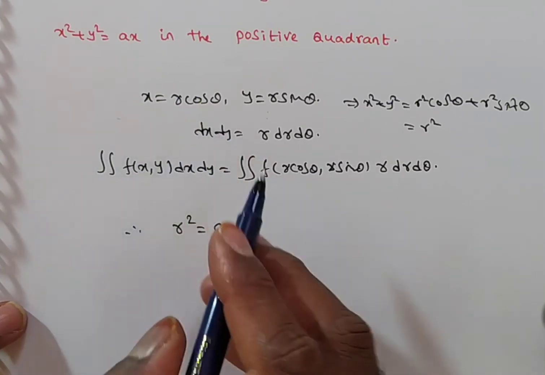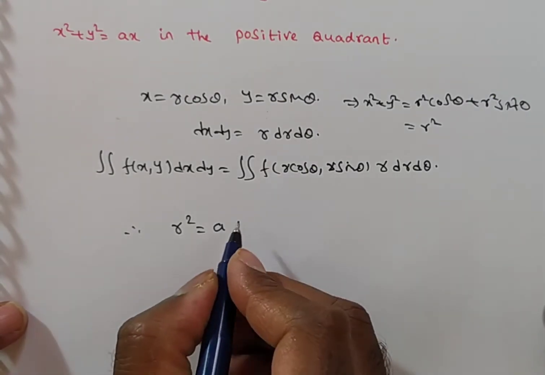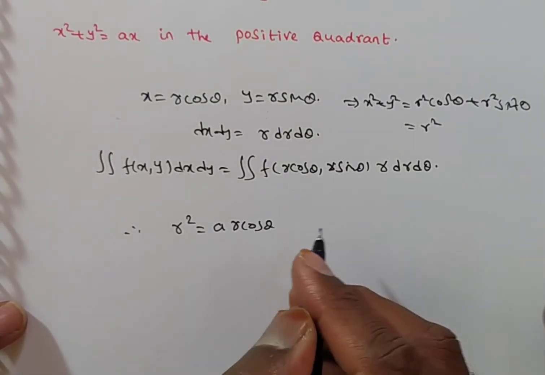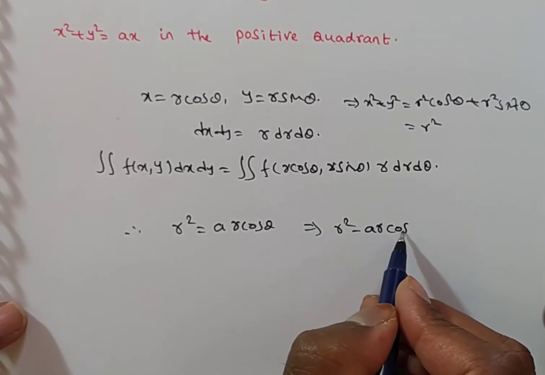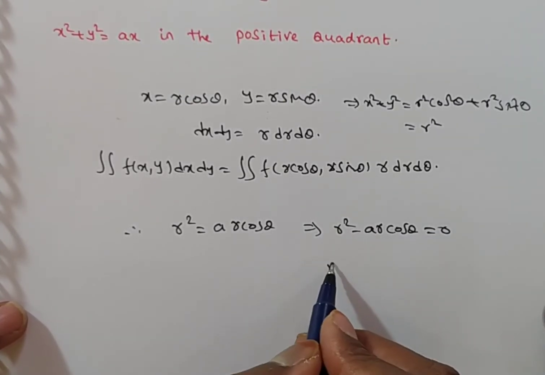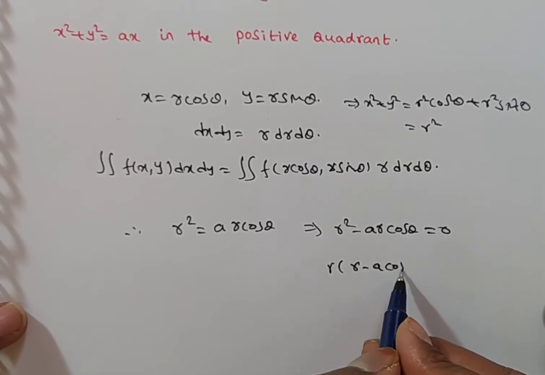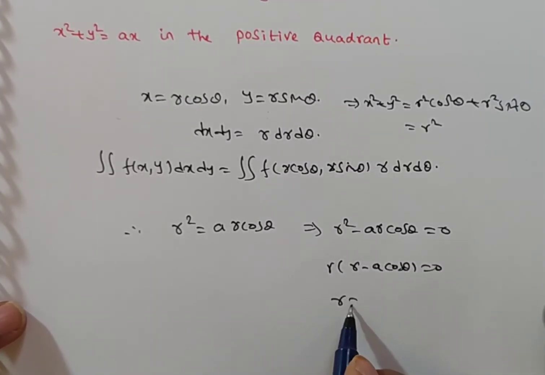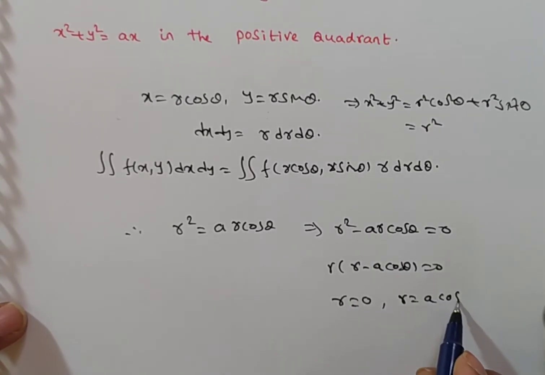So r square minus a r cos theta is equal to 0. Taking r common, r times r minus a cos theta is equal to 0. From this, r is equal to 0 and r is equal to a cos theta.